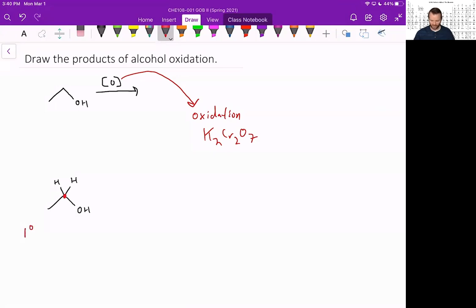It will be oxidized to a carboxylic acid. Notice the change. The carbon atom, again highlighted in red there, lost two hydrogen atoms, two carbon-hydrogen bonds. When you lose hydrogen atoms, it's like losing electrons. That is oxidation.